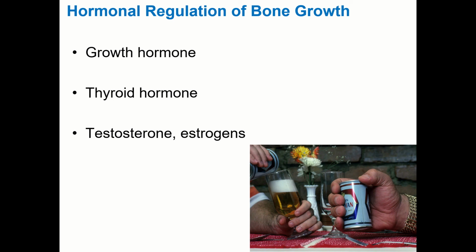That's an actual normal sized beer can that Andre the Giant's holding on the right, and you can see how big his hand is relative to the beer can. The guy on the left is a pretty big guy himself, about 6'3", 250. So that's a pretty large individual, and just look at how much bigger Andre the Giant's hand is. That's the result of excess growth hormone production.